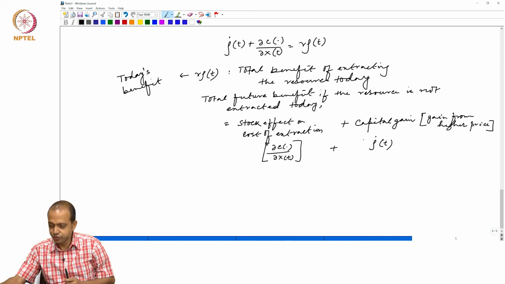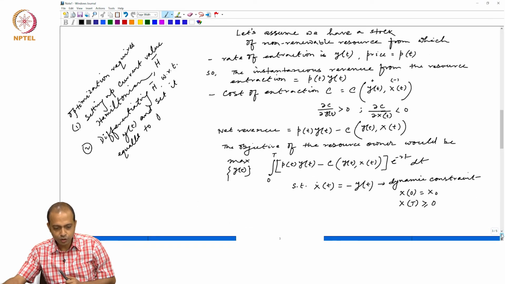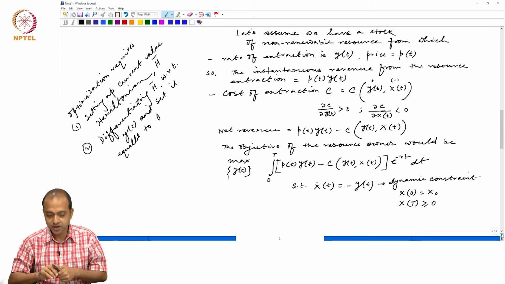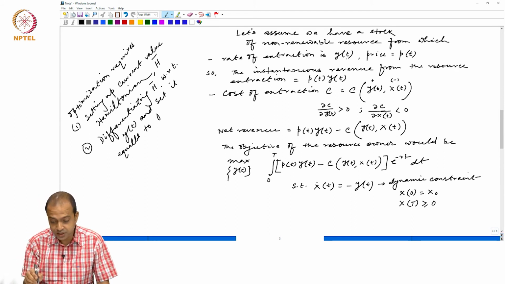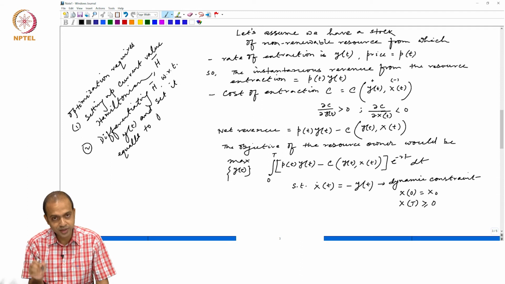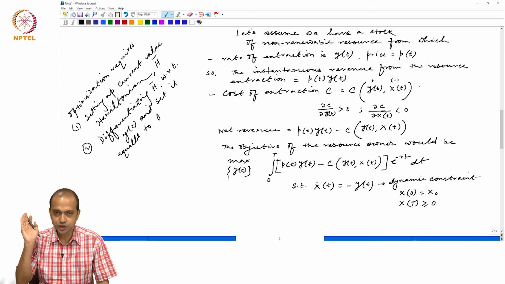So, if we go back to the optimization problem, we have a stock of resource for which y t is basically the rate of extraction, and the price is p t. So, there is an instantaneous revenue if we extract 1 unit of resource, that would be p t into y t, and the cost of extraction c, which is basically a function of the rate of extraction and the stock.